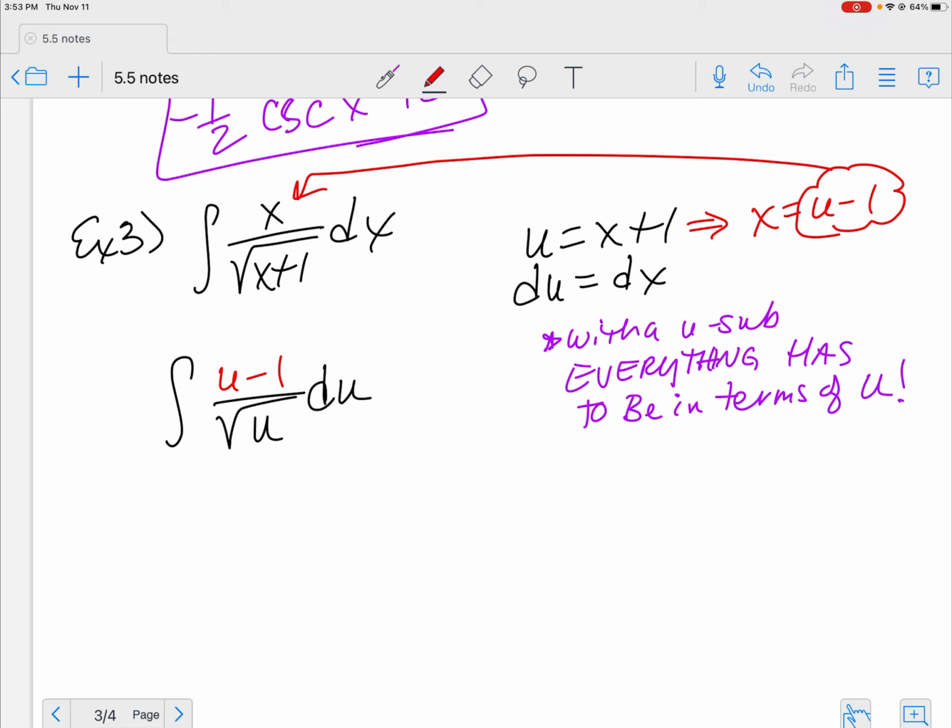Oh, now we got a monomial in that denominator. Do you see that? So that's what we've been practicing. As soon as you have that monomial in the denominator, I can split this up: u divided by u to the 1/2 minus 1 divided by u to the 1/2 du. You see that? Divide that up.